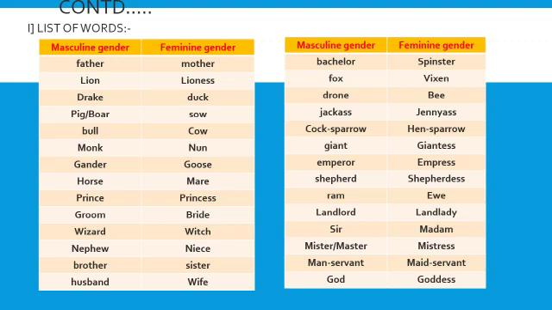First one is the bachelor. Bachelor is a person who is not married. So the feminine gender will be spinster. Spinster is an unmarried girl. Fox, vixen. Drone, bee. Jackass, jenny. Cock sparrow, hen sparrow. Giant, giantess.